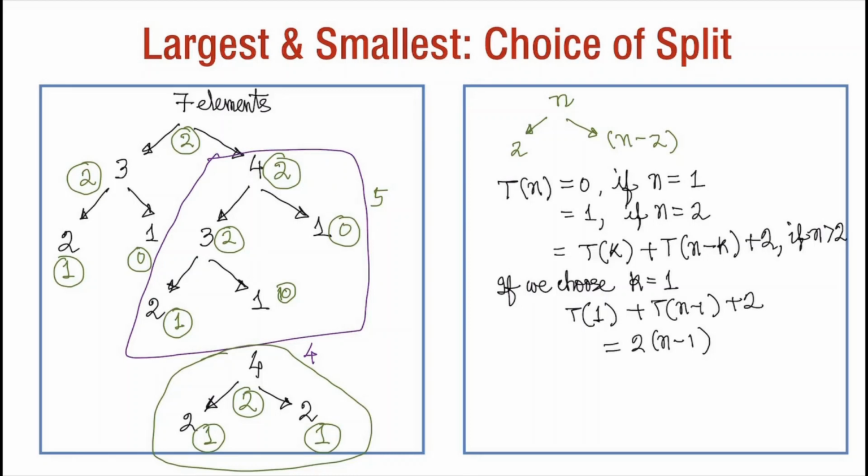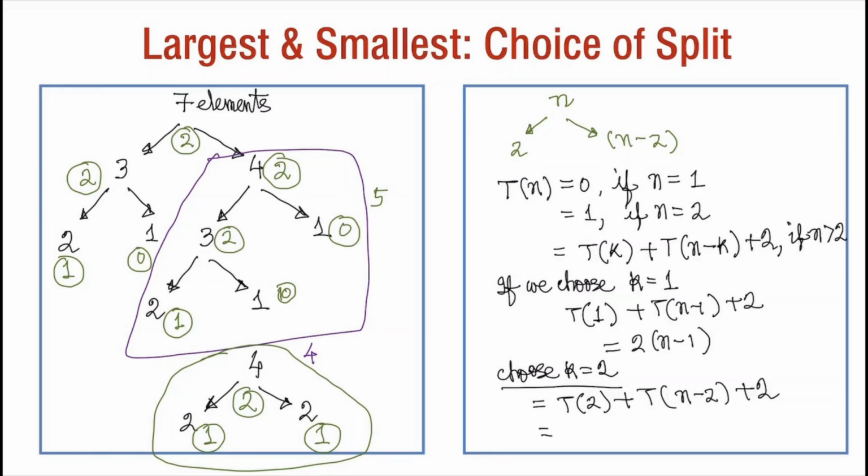On the other hand, if we choose k equal to 2, then we will break it up into T2 plus Tn minus 2 plus 2, which, if you decompose a little more carefully, will break up into a more interesting solution.